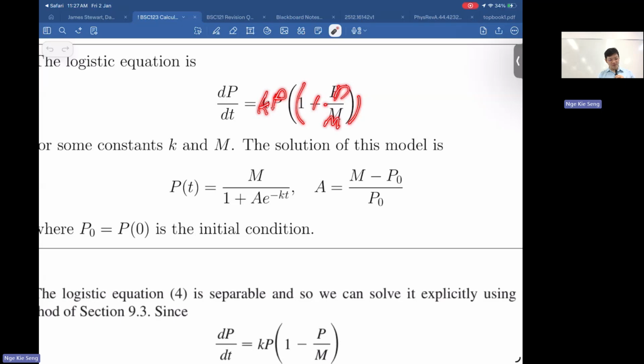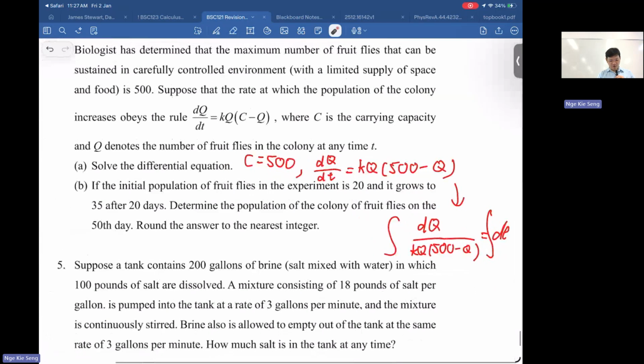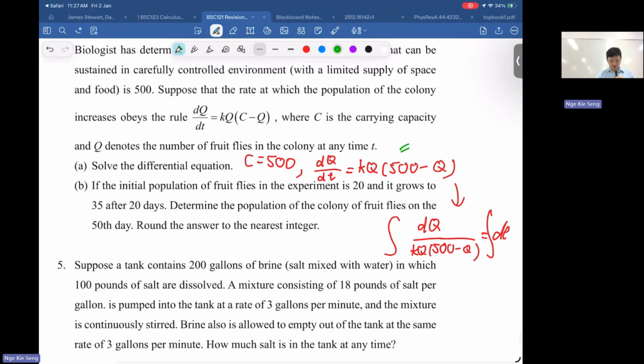But our form is not in this form yet, right? So you need to write it as 500kQ times 1 minus Q over 500. So you can note that the K in the formula becomes 500K in this question.